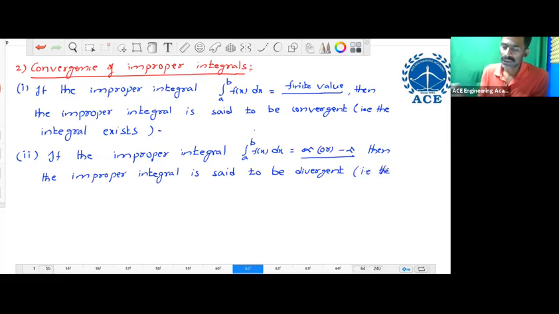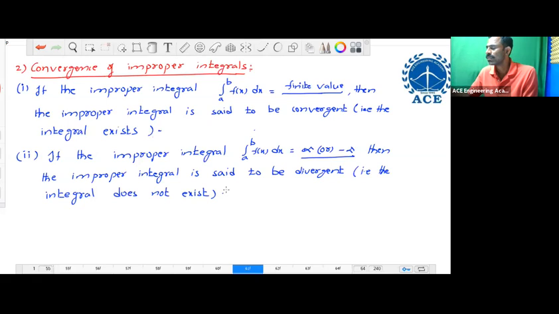That is, the integral does not exist. Like this, we can check whether the given improper integral is convergent or divergent just by evaluating the integral. After evaluation, we get some value. Check whether that value is finite or not. Finite: convergent, or integral exists. Infinite: then the integral is divergent or not convergent, or integral does not exist.